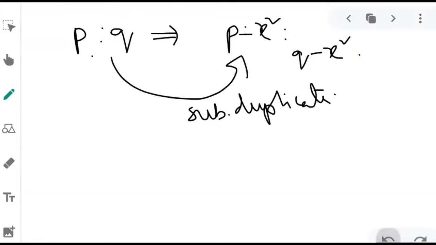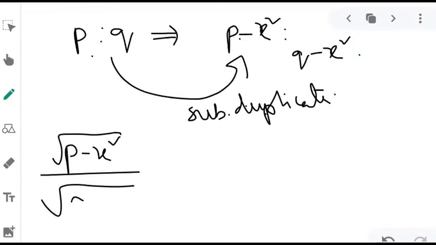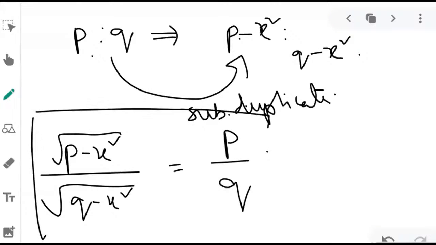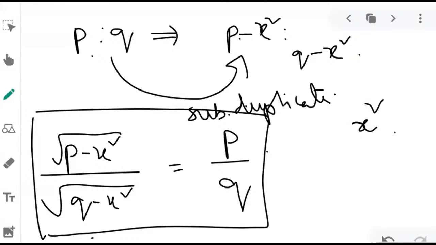Or let's not go there. This is the subduplicate ratio of this, they are saying, right? That means root of (p minus x square) divided by (q minus x square) is equal to p by q. This is the condition that they gave, and he's asking for the value of x square.